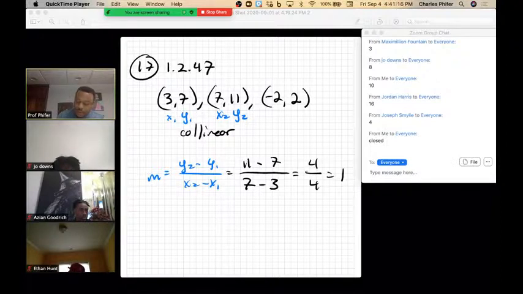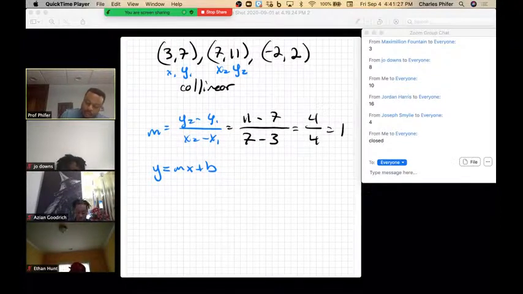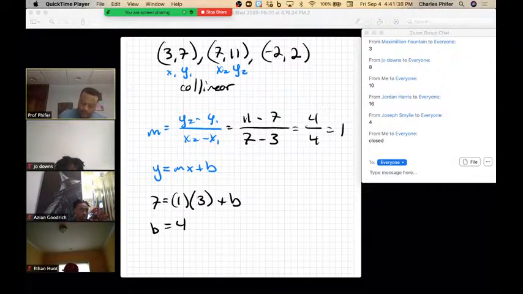So we have a slope and a point. I'm going to choose the first point. So then I'm going to hop over to y equals mx plus b. My y value is 7. My slope is 1. My x value is 3. Only thing we don't know is b. So then ultimately we get b equals 4. So then our equation of the line through the first 2 points is going to be x plus 4, right?